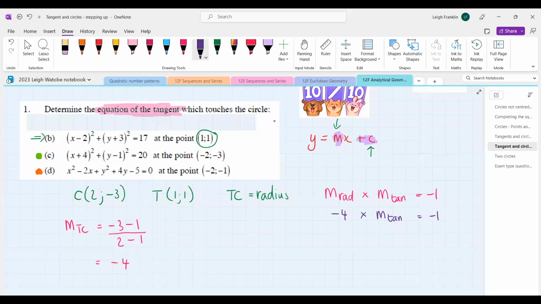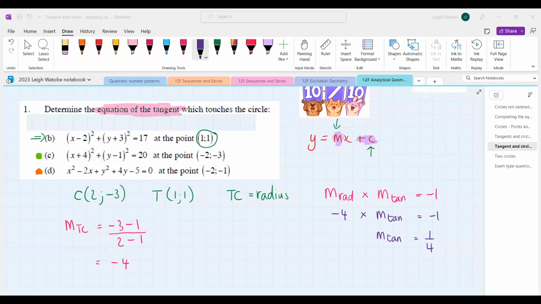Lovely. So what is the gradient of the tangent going to be, Innocent? Is it 1/4? I think. Beautiful, yes, it is 1/4. Well done. So now you've got the gradient of the tangent. Now what are you going to do?